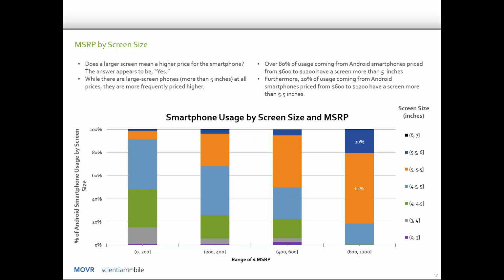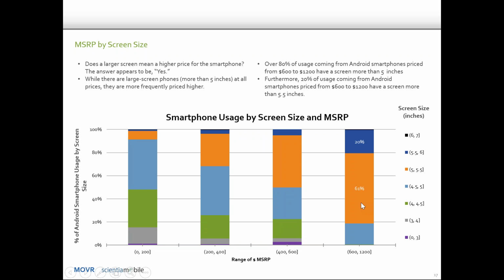Screen size. We actually compared the screen sizes. So does a larger screen mean a higher price for a smartphone? Well, generally yes. Our data seems to indicate that, especially in terms of usage, larger phones with larger screen sizes tend to generate more traffic, especially in the premium price range.